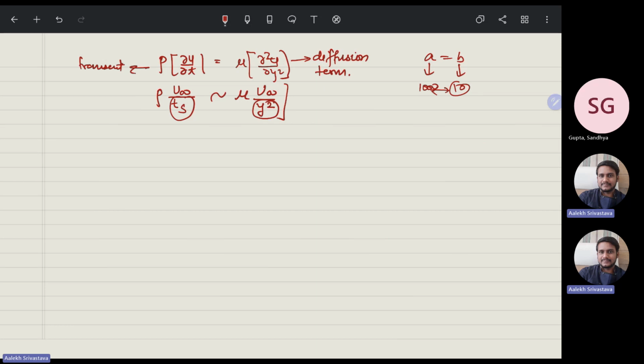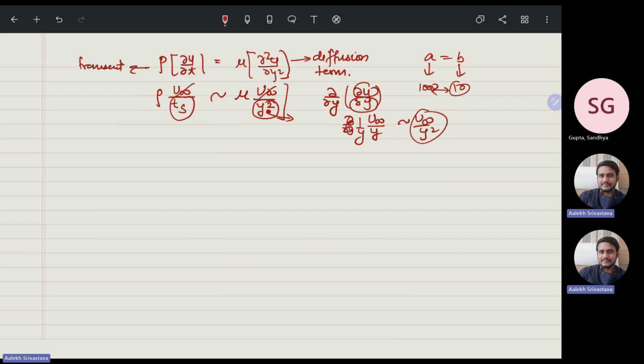Why do I write y square? It comes in this way: del by del y of del u by del y. So del u by del y is u infinity by y, and again del by del y gives another 1 by y, so it is equal to u infinity by y square.